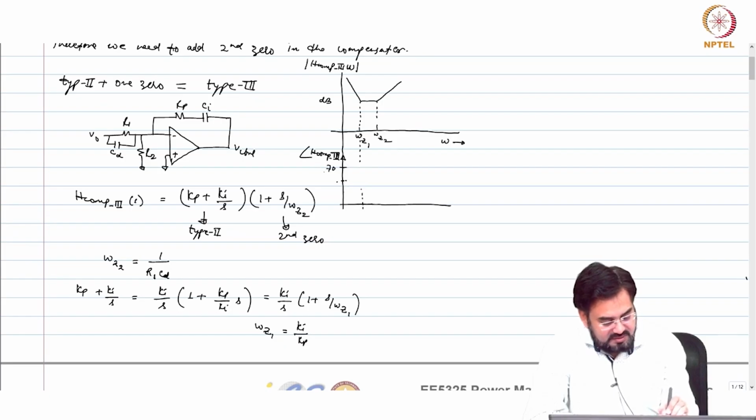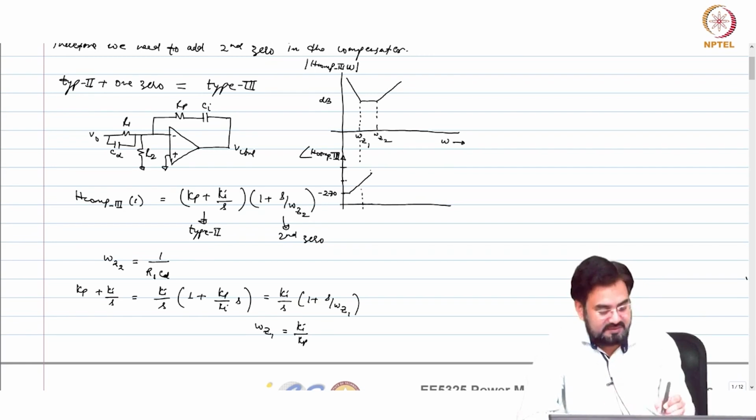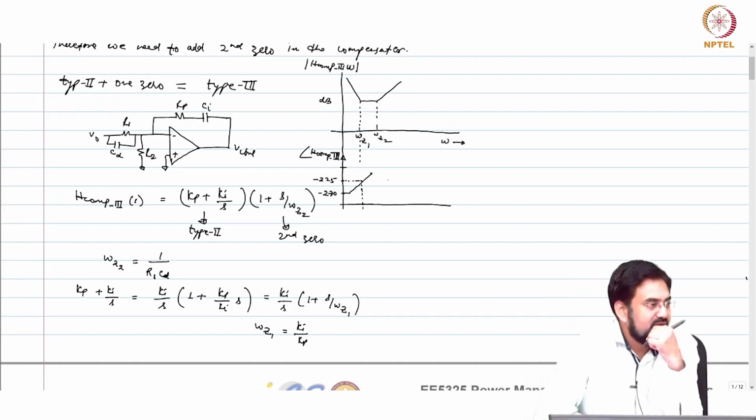Let me just start from a lower value, minus 270, and I will do it this way. Minus 225, and what will happen after that?